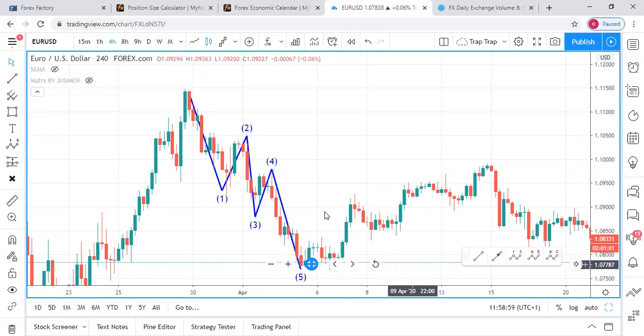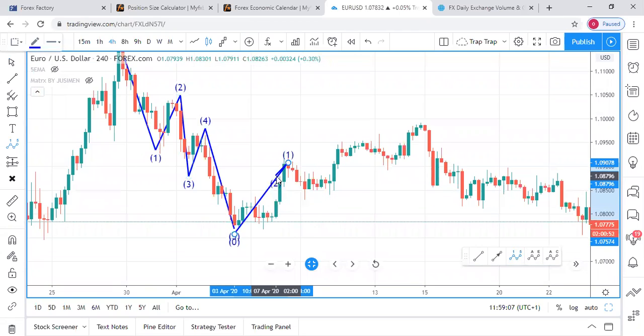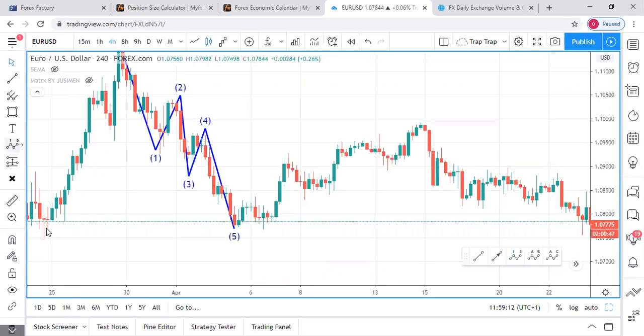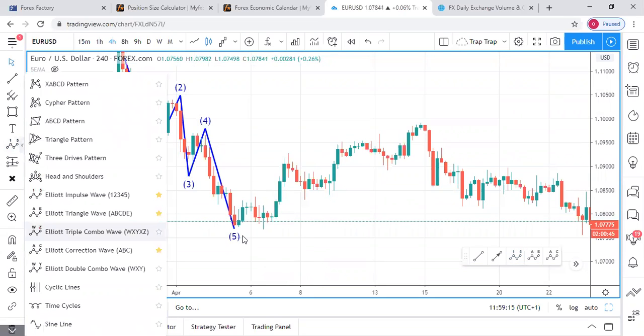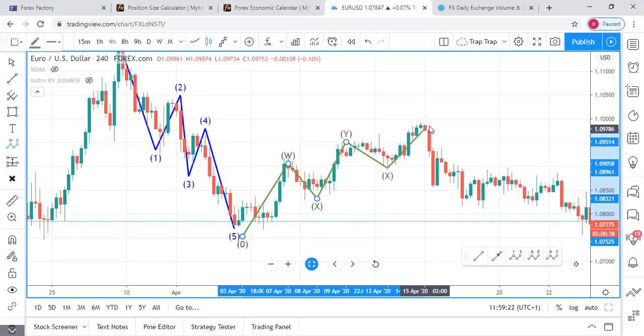That is a sign of uptrend, right? Then it went up. So here it went up, came down, went up, came down, went up.